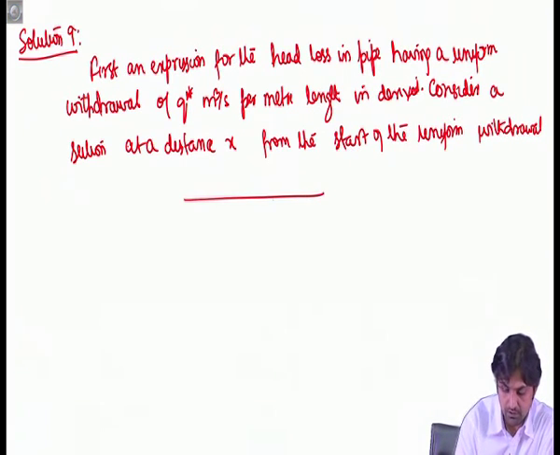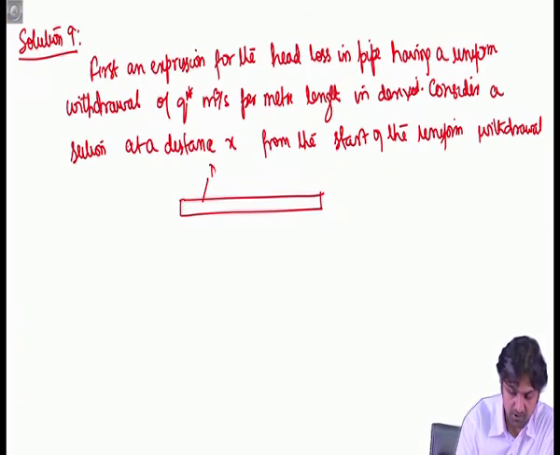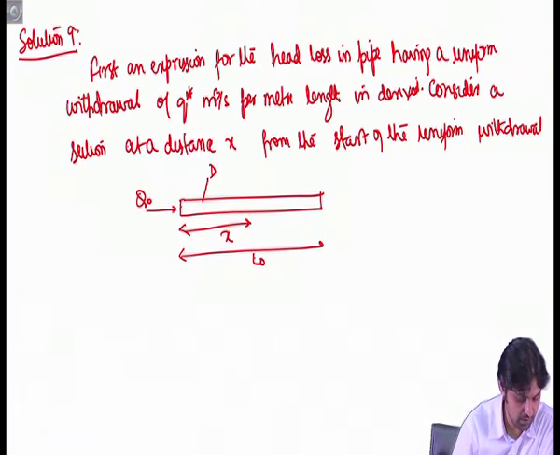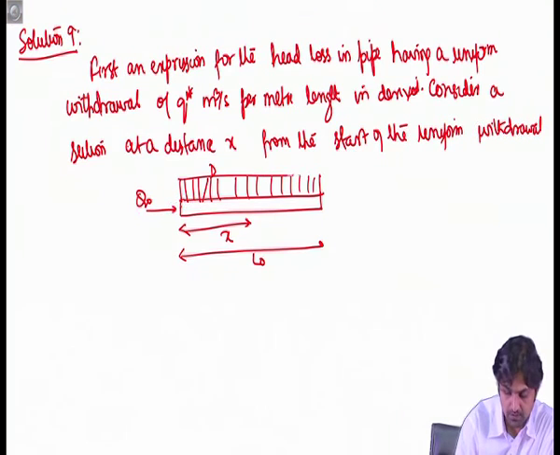So this is a pipe, this diameter is d, and we have Q naught, and from here we assume a distance x, and this distance is L naught. The withdrawal is uniform, that is Q star. So discharge at x will be Q naught minus Q star into x, right?